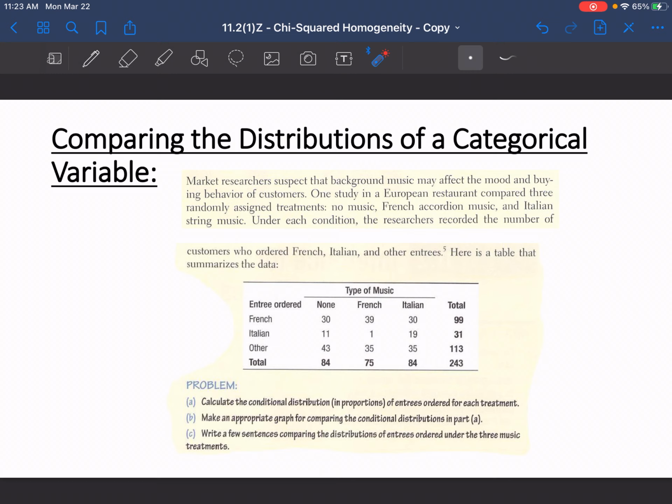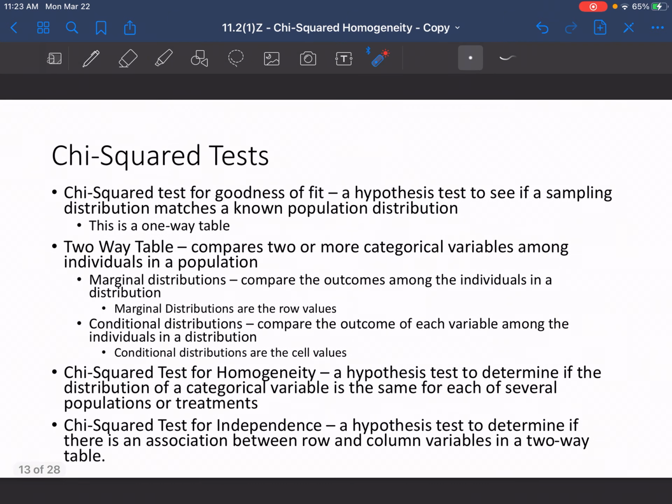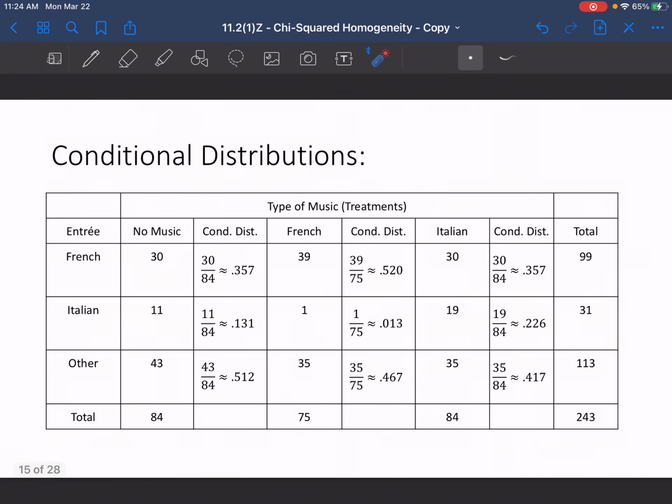Our first part is to calculate the conditional distribution in proportions of entrees ordered for each treatment. So again, we know that conditional distributions are really concerning cell values and not totals for our row, basically. So what we're essentially trying to find for conditional distributions is we're taking whatever's in cell 1 when no music is played and a French entree is ordered, divided by the total in that particular column.